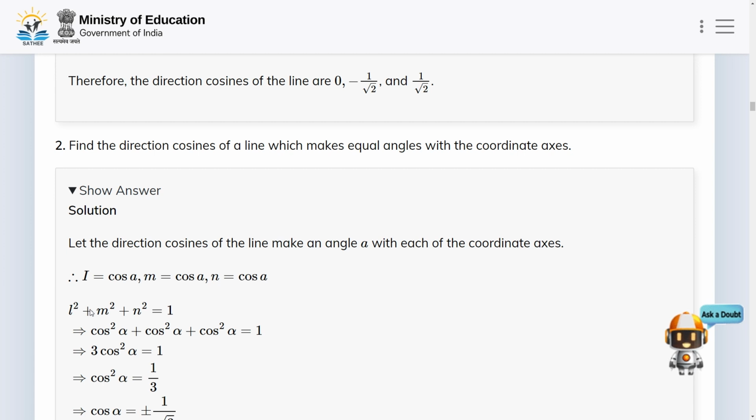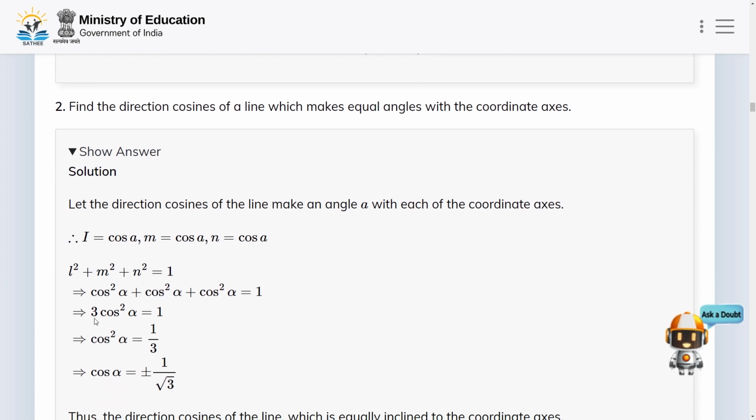This means L square plus M square plus N square is equal to 1. We already know that L square plus M square plus N square is going to be 1. Now cos square alpha plus cos square alpha plus cos square alpha. This is A or alpha, we are assuming both equal to each other. Now 3 cos square alpha is equal to 1. Yes, this means cos square alpha is equal to 1 by 3.